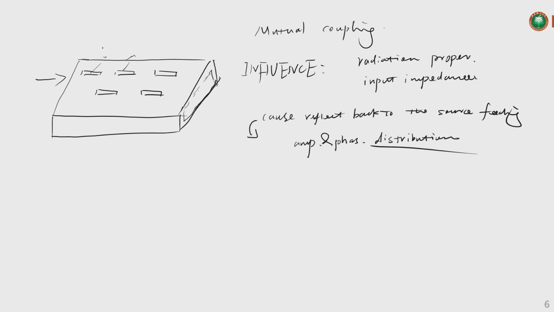That means the distance d between the neighboring elements should be larger than lambda g. What is lambda g? Lambda g is the waveguide wavelength, or the guide wavelength.